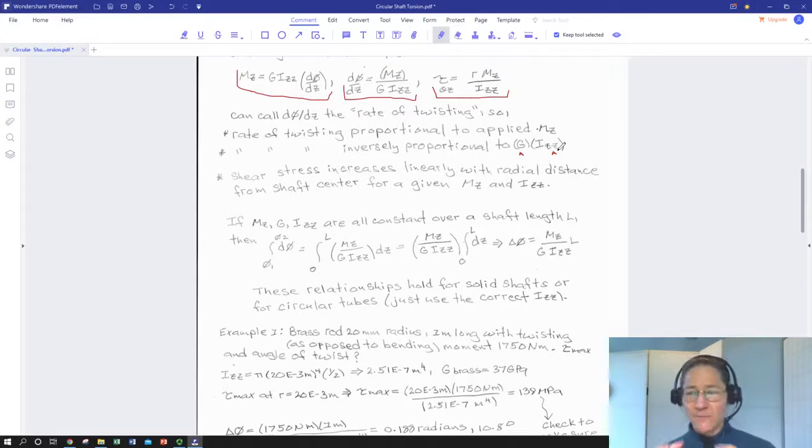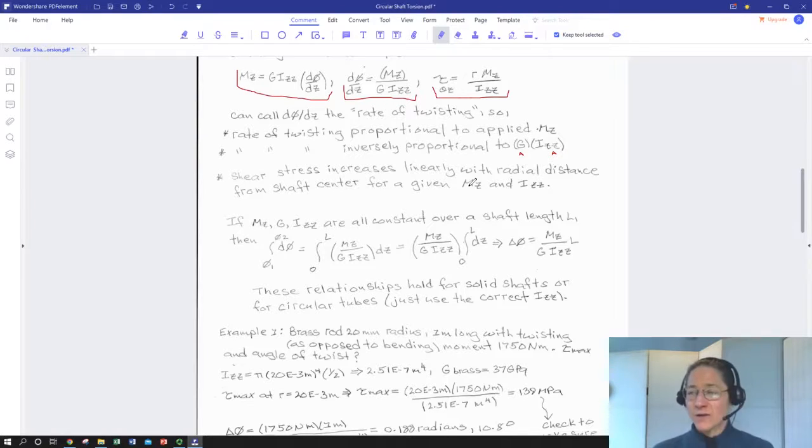So I can change the material, or I can locate more of my material cross-sectional area at a bigger distance from my center line. So, a tube or a stiffer material. And I can see that my shear stress, looking at this equation, increases linearly with radial distance from the shaft center for any given moment of inertia and applied moment. So if we're looking at where it's going to yield first, how would I calculate that, or where would I look for that yield?